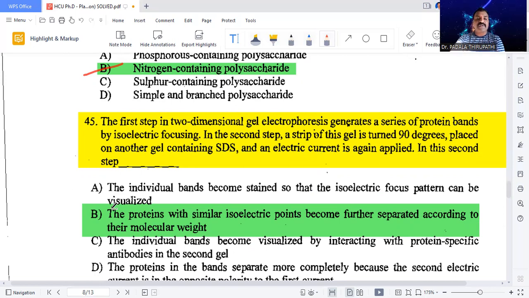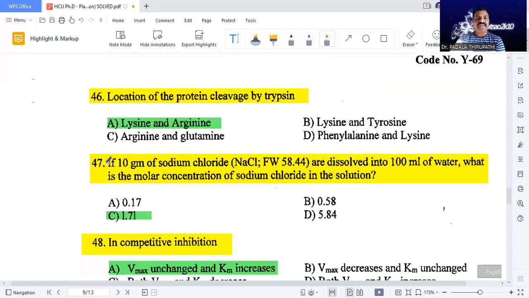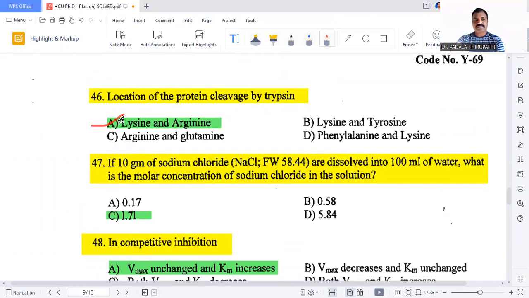The proteins with similar isoelectric points become further separated according to their molecular weight. Then 46: location of protein cleavage by trypsin, that is lysine and arginine amino acids.